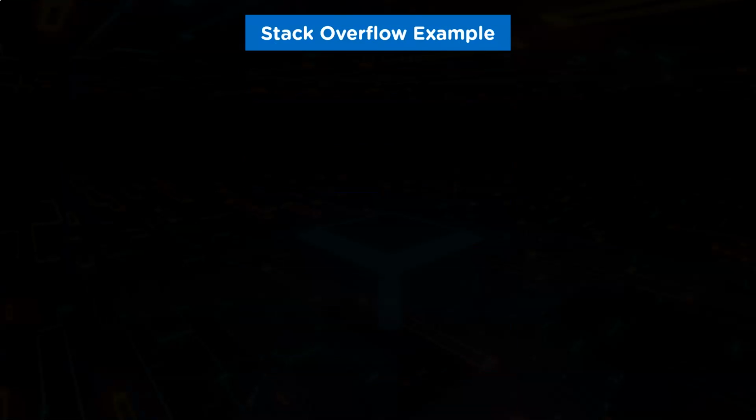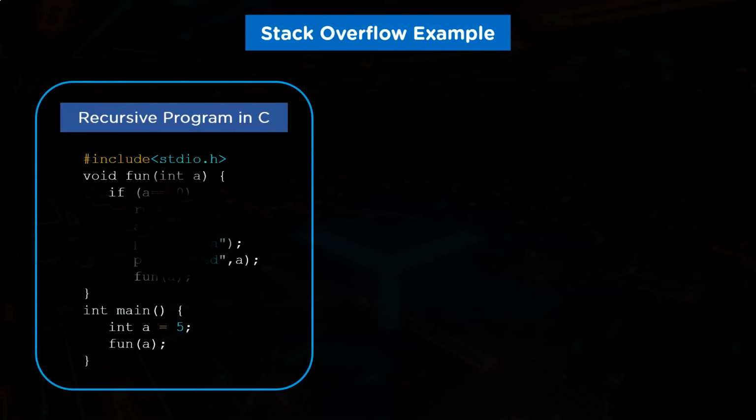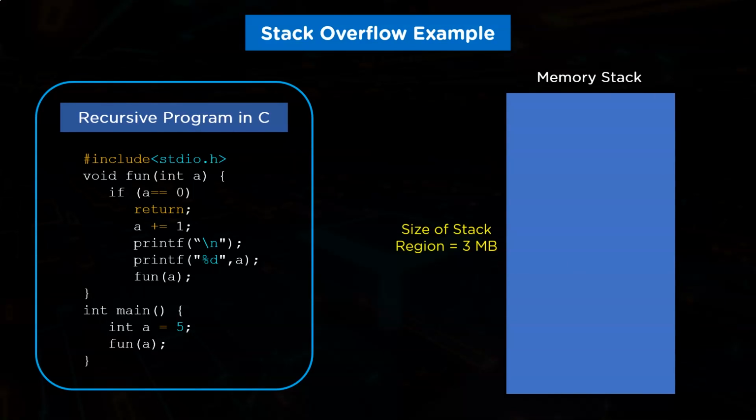When the program's execution starts, an operating system allocates some amount of reserved space to the stack structure. For example, let's say the OS allocates 3 MB of RAM to the stack memory region, and the program that is present on the screen is supposed to utilize this given space. The simple C program that we have taken here contains a method named func, which is a recursive function.